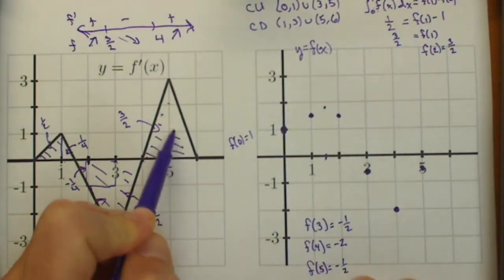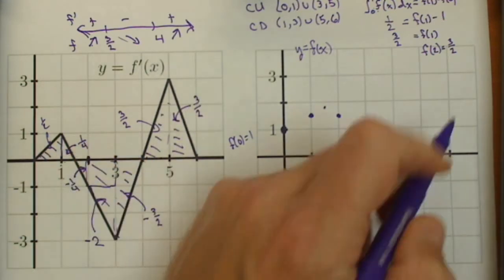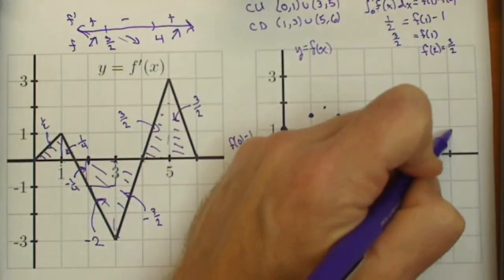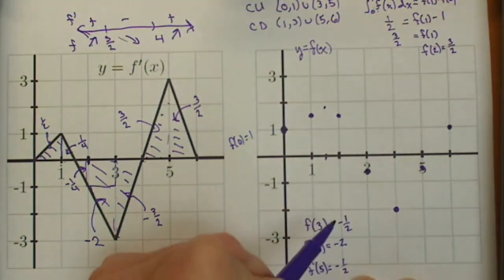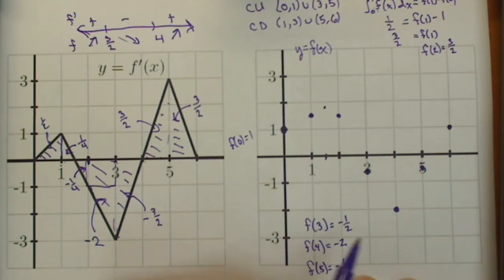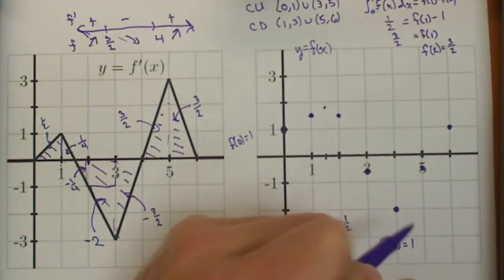We can do the same thing to get to f of 6. Again, this has an area of 3 halves. So from here we go up 3 halves, which puts us right about there. So f of 6 equals 1.